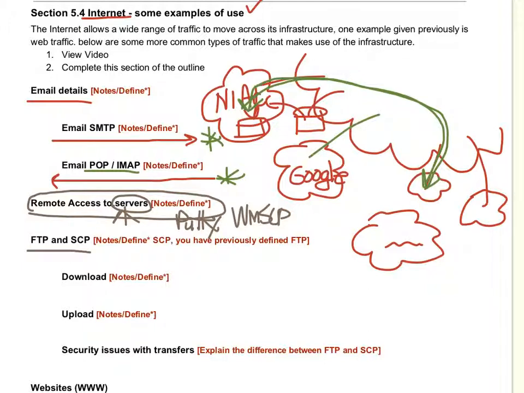We can send files to and from a server. If you're on your PC or your device and you bring a file from a file server or whatever, that's a download. If you're on your device and you send a file to a server, that's an upload.